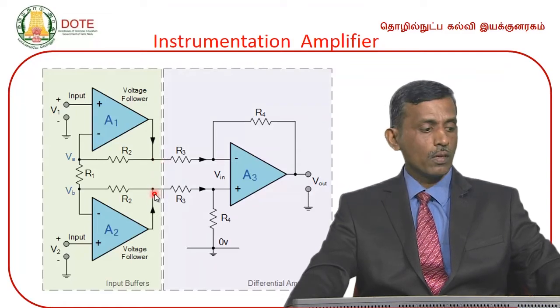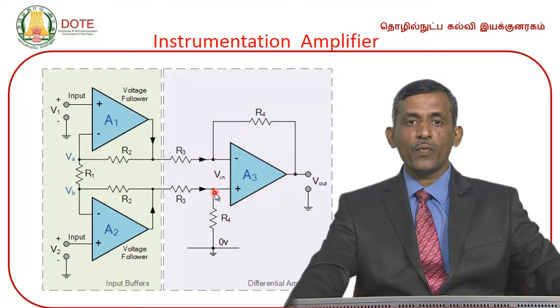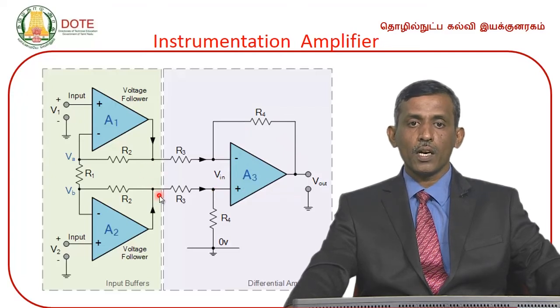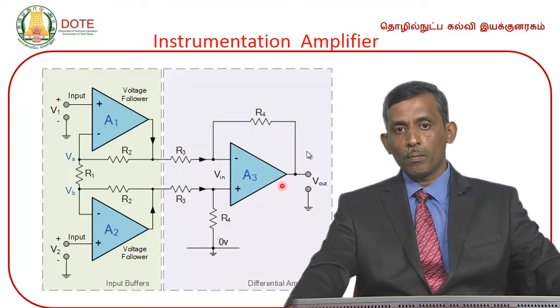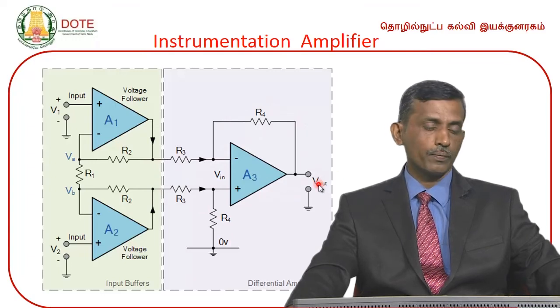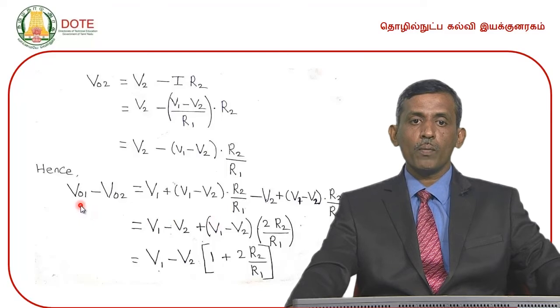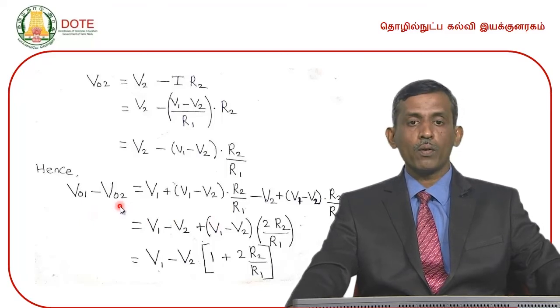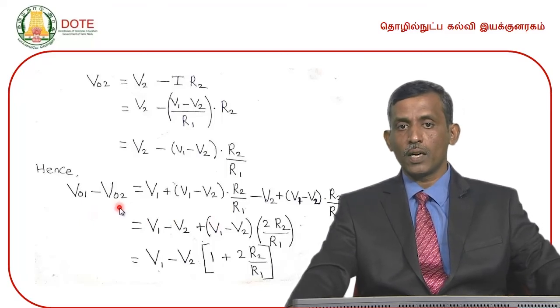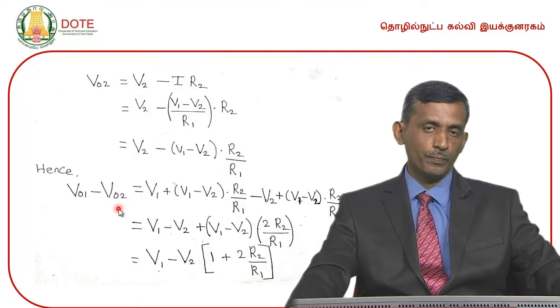VO2, right. Now this circuit amplifies the difference between these potentials by this gain value and makes it available at the output of the amplifier. We have to find out the differential voltage, because the differential amplifier is going to amplify the differential voltage.